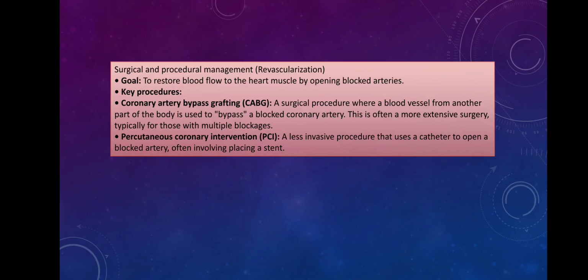The procedure is coronary artery bypass graft. In this surgical procedure, blood vessels from another part are used to bypass the blocked coronary arteries. This is often a more extensive surgery, typically for those with multiple blockages.